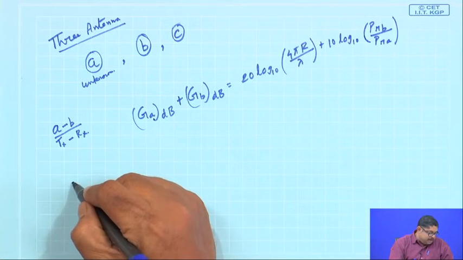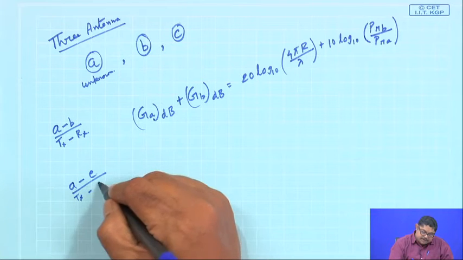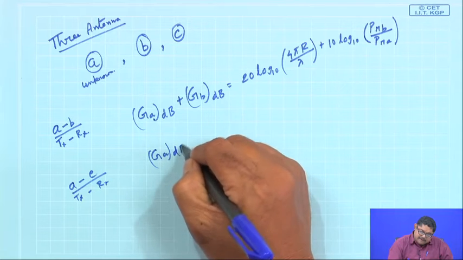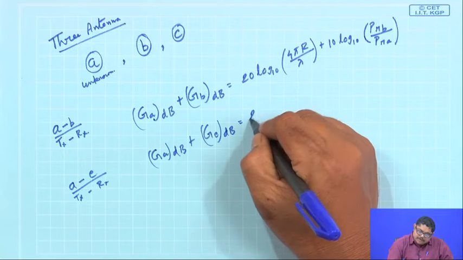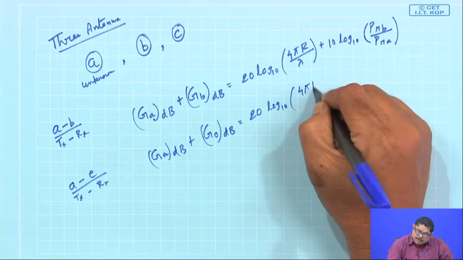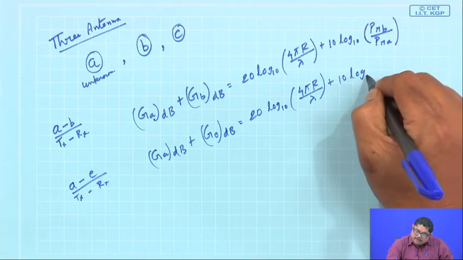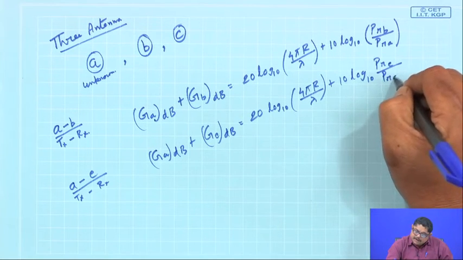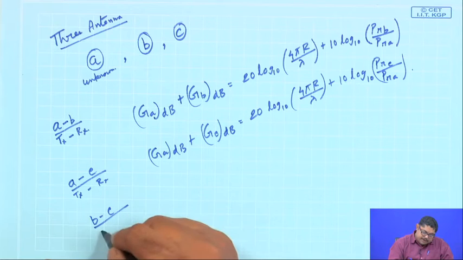Then I will make the AC pair, this is transmitting, this is receiving. So, I can write GA dB plus GC dB is equal to 20 log 10 (4 pi r by lambda) plus 10 log 10 (PRC by PRA), and then I will make the BC pair.